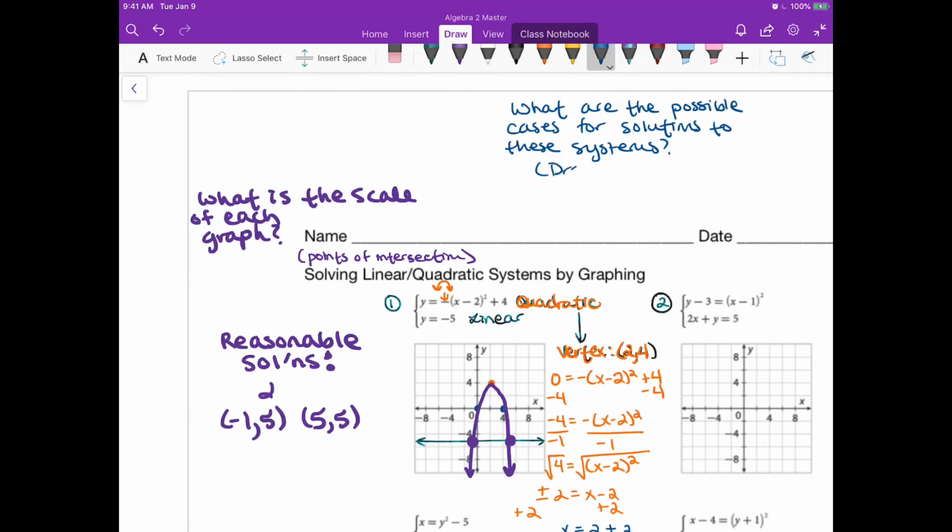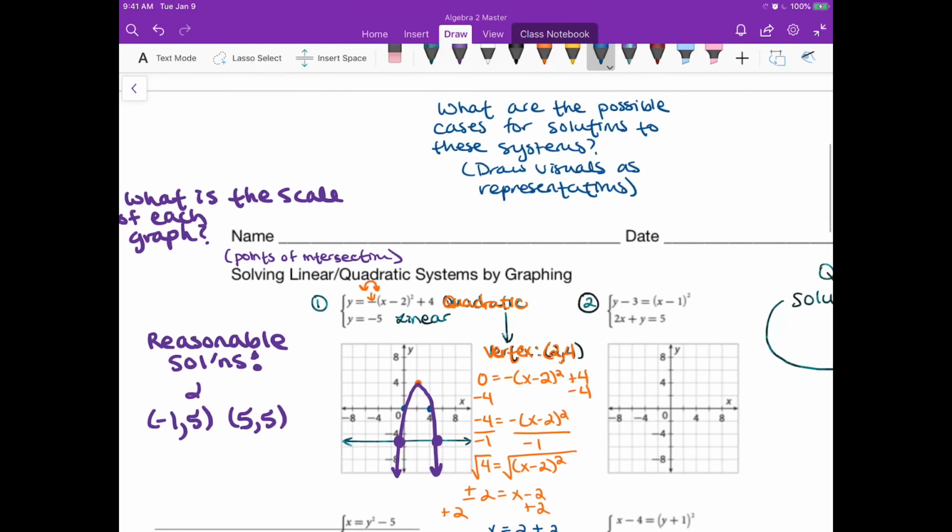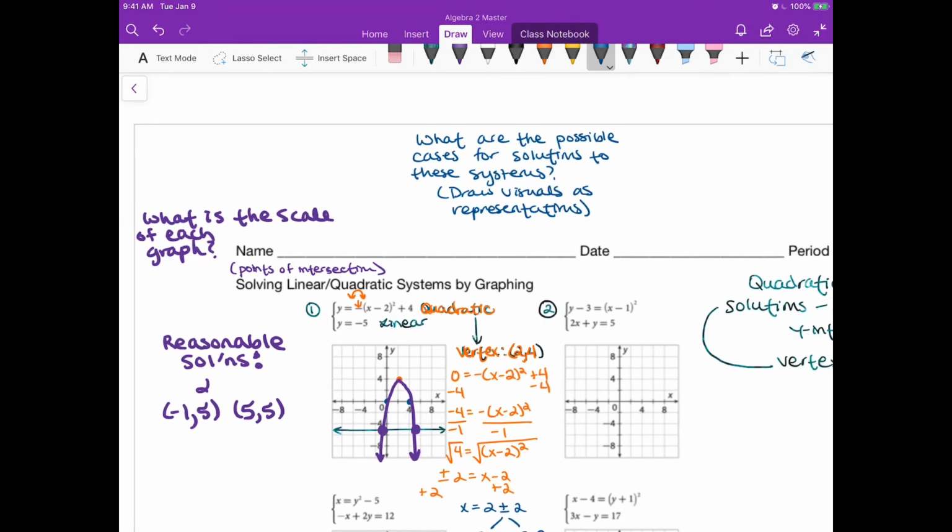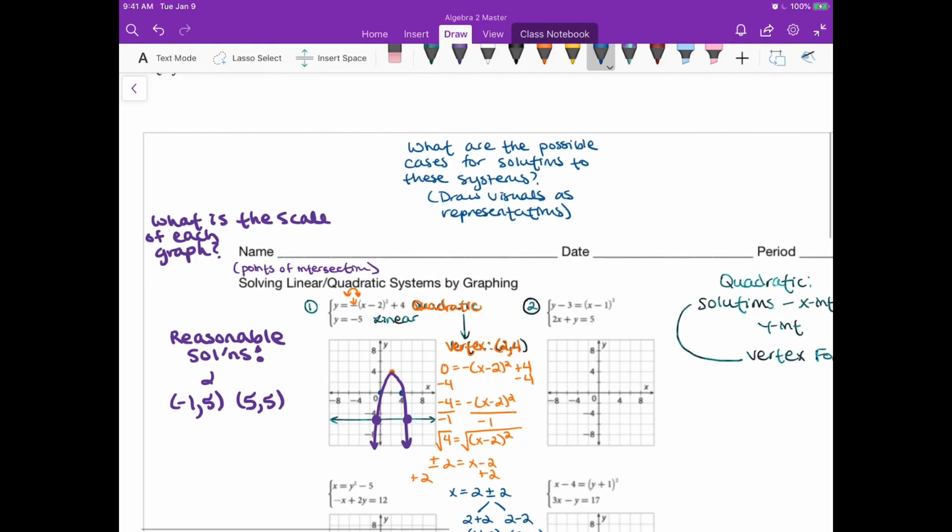And I would draw visuals as representations. So that will be something else I will look for in your notes. But yeah, so let's look at number 2, and I'll do just another quick kind of thinking about how we could go about solving these linear quadratic systems.